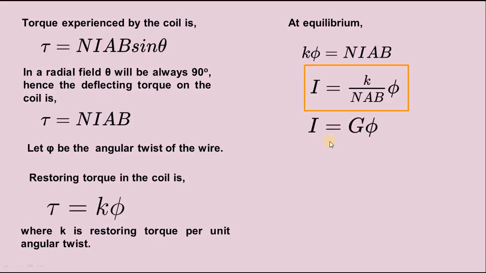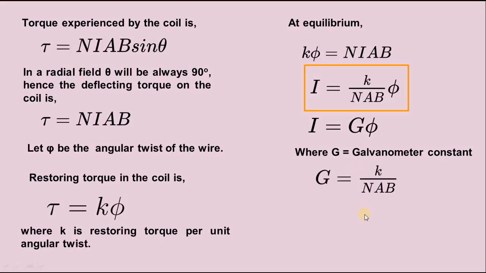I equal to G into φ, where G is called galvanometer constant. G equal to K divided by NAB. You can see that I is proportional to φ, or we can say that the deflection produced is proportional to the current flowing through the galvanometer.